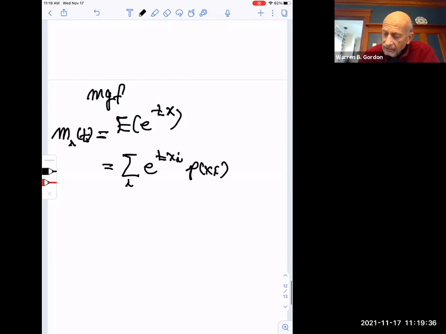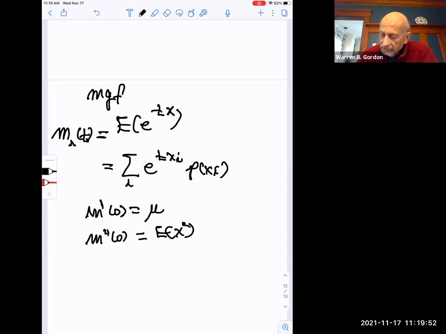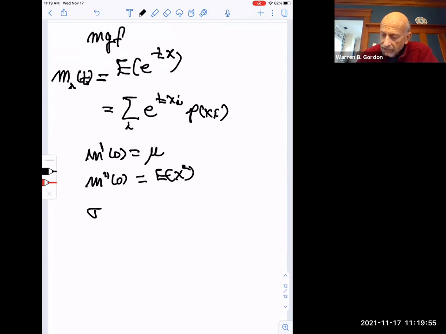We know the first derivative of the moment generating function at 0 is the mean. The second derivative is e of x squared, which means sigma squared of x is equal to m double prime of 0 minus m prime of 0 squared.